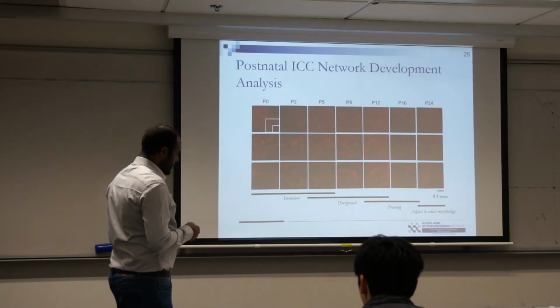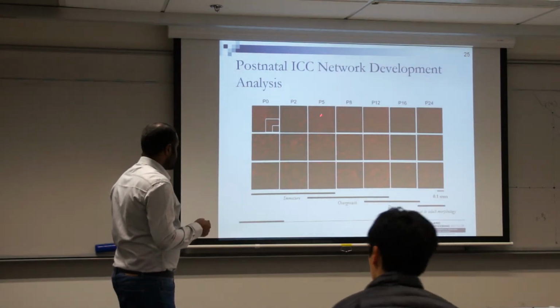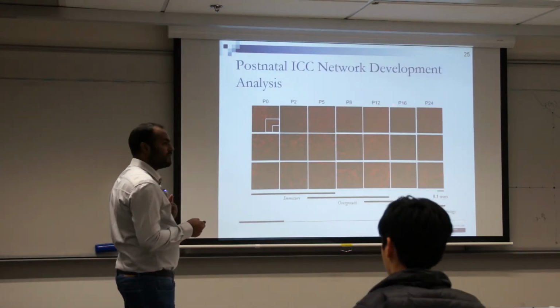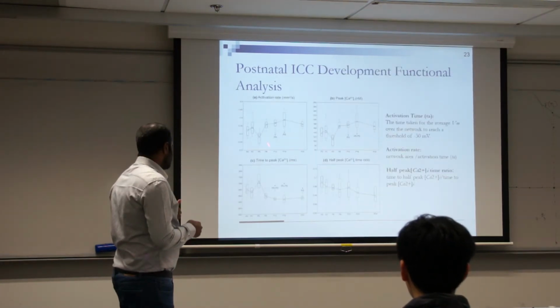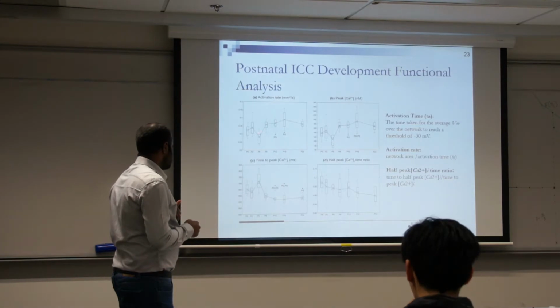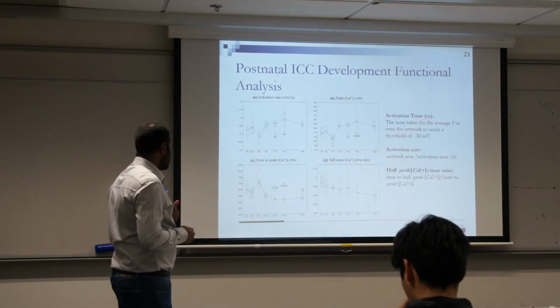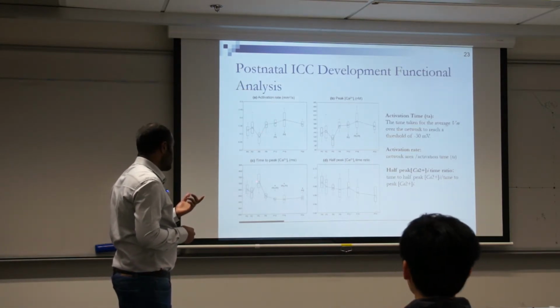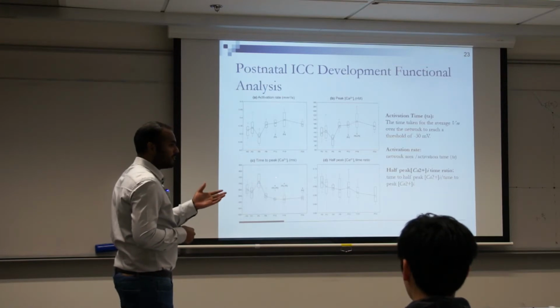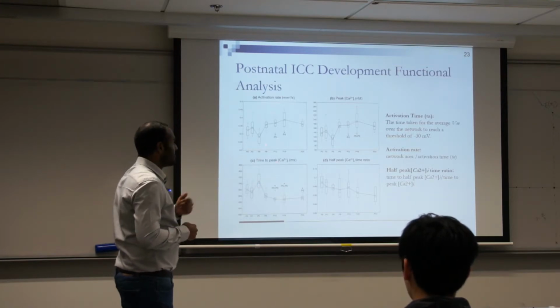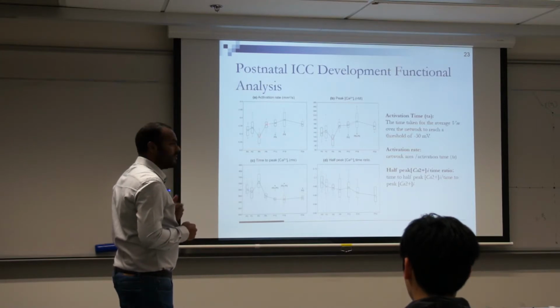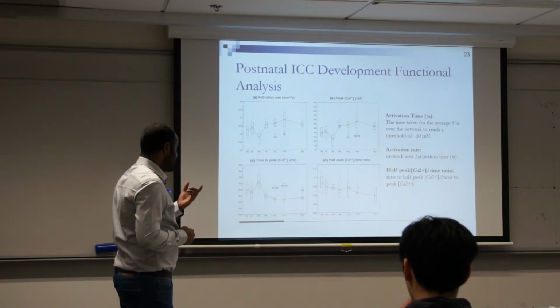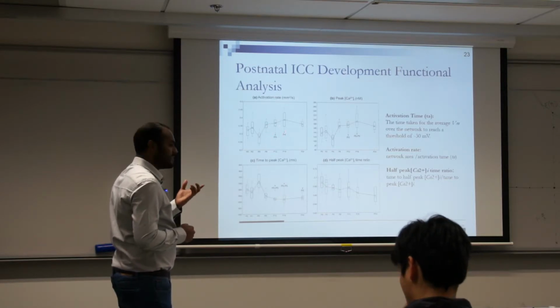So as you can see from here, at the age of P5, as I said, from P5 to P12, an excessive overgrowth is observed during the structural analysis. So at P5, the activation rate is quite low, and also the time to peak is quite high. That means it takes quite a long while to reach this activation rate. From P5, the activation rate, or the total efficiency, is increased until P8, P12, and P16 as well.